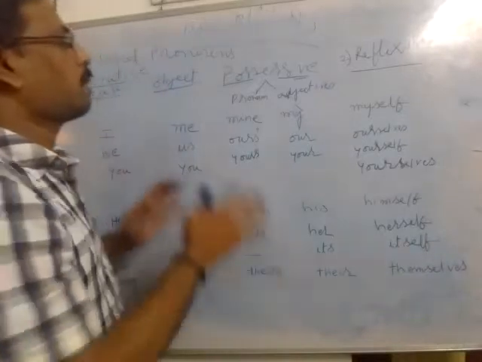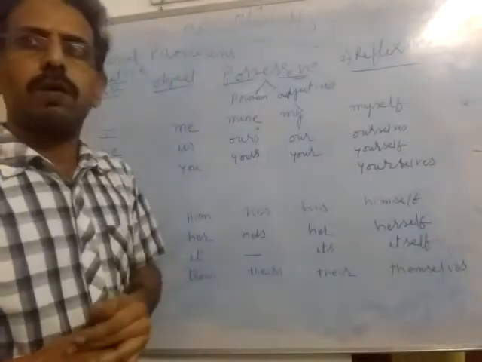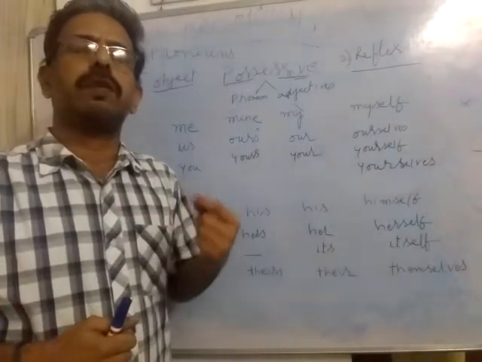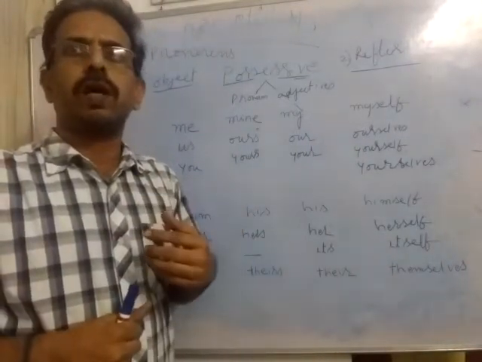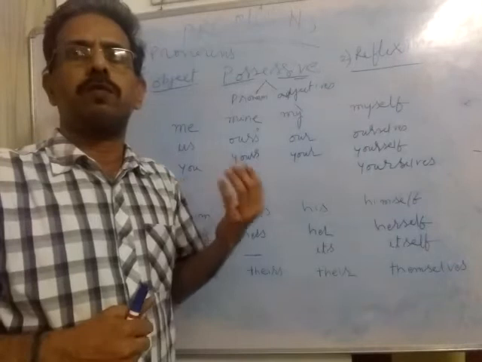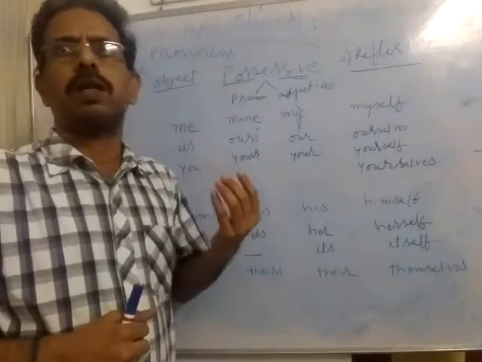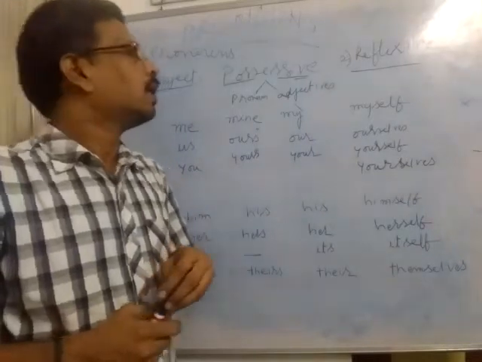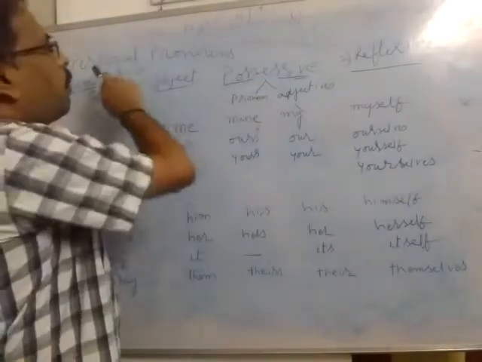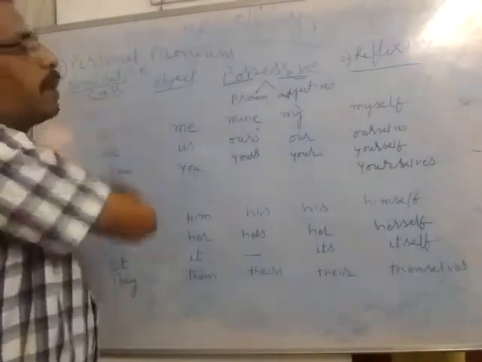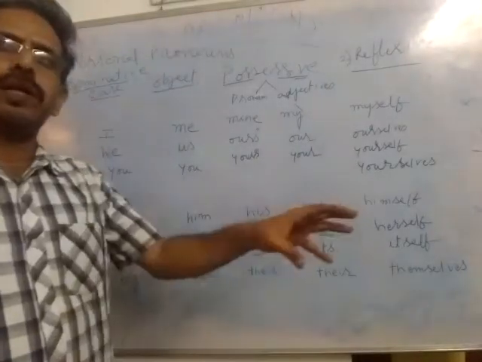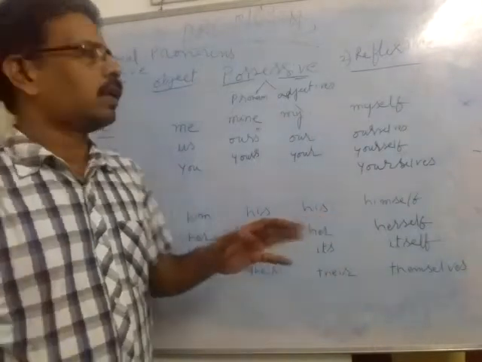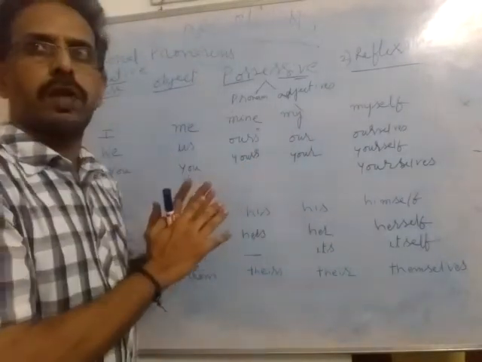Okay, this is about nominative case of pronouns. If you require more information, just make a comment and I will make one more episode on this, one more video on this, and that will be uploaded very soon if it is necessary. Okay, this is called nominative, personal pronouns. Personal pronouns, they refer to a particular person or thing or something else. Okay, so this is about personal pronouns.